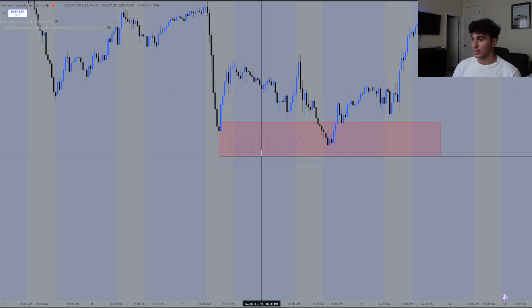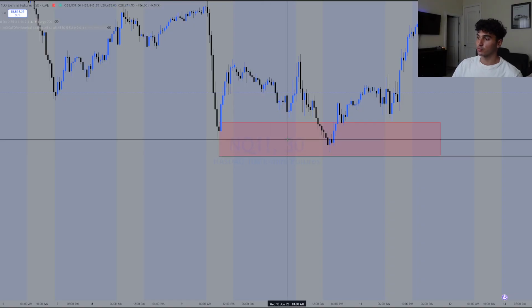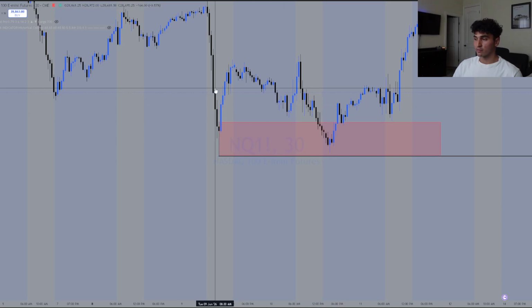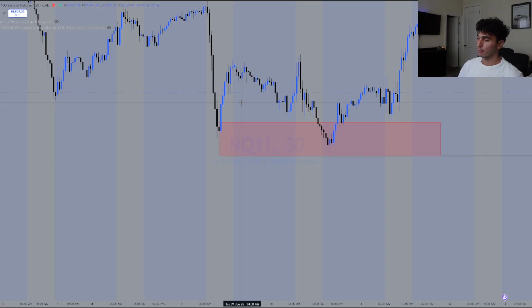Also, what keeping it at a minimal size does for you is it reduces your risk. Because for me, majority of the time, if not all of the time, my stop loss is always in the same spot, and that's simply a break below demand or a break above supply, just pretty much having our stop loss at an invalidation of one of those zones.